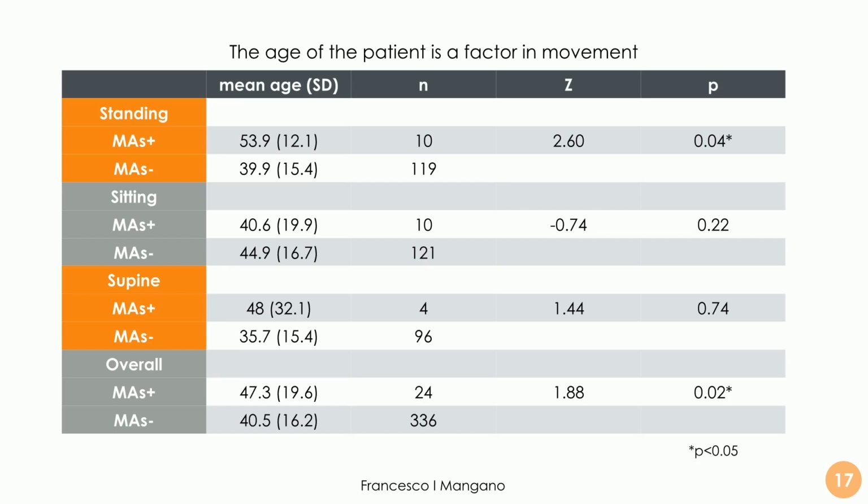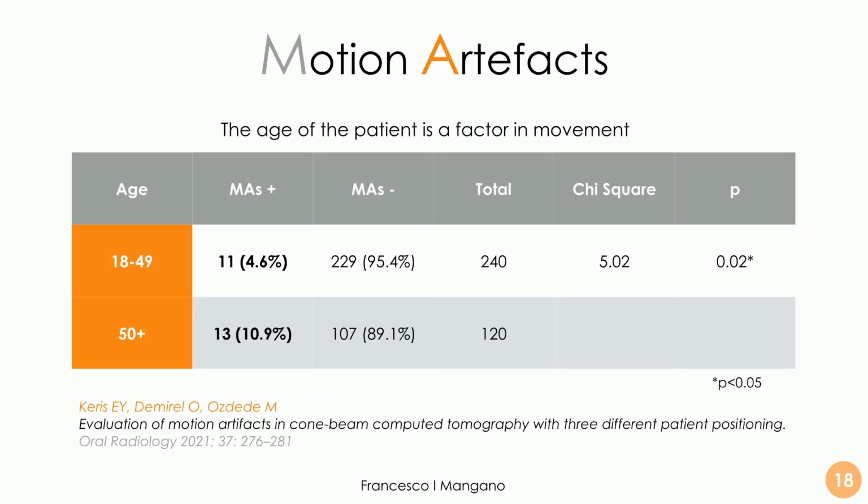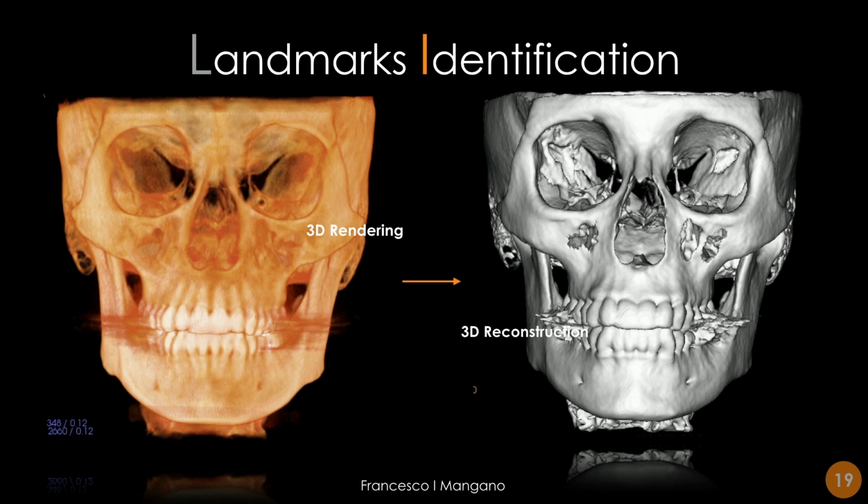They found that also the age of the patient can be a factor in the movement, because patients over 50 years had this problem more often than young patients, from 18 to 49. So they didn't consider children, and this may explain the difference from the results of the previous systematic review.